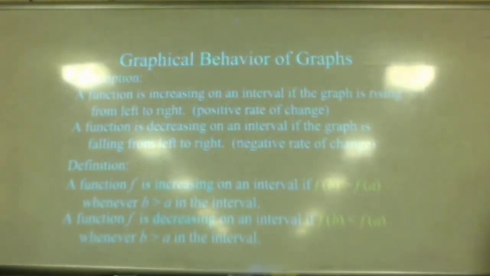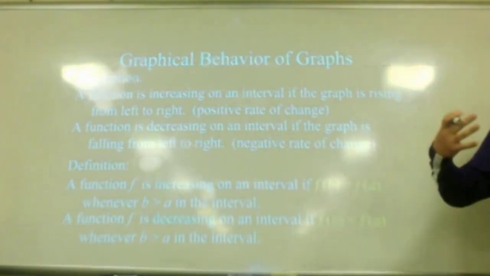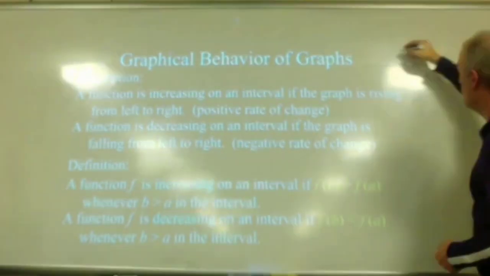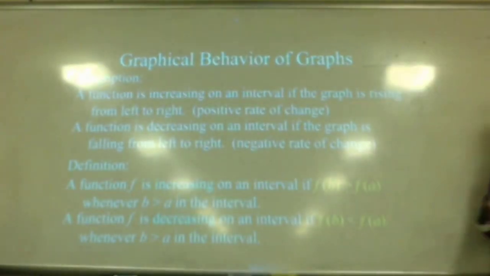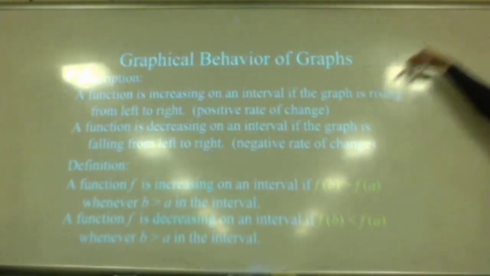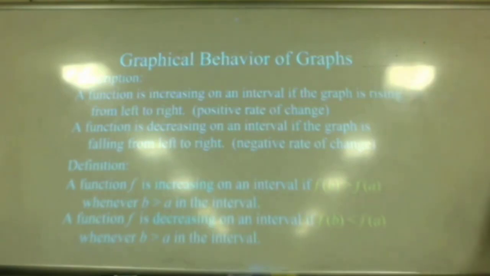Greater than or to the right, and less than or to the left. This says f of b, the output, has to be higher than the output for a. And does it make sense that would make this thing increase because it's going to go up from left to right?